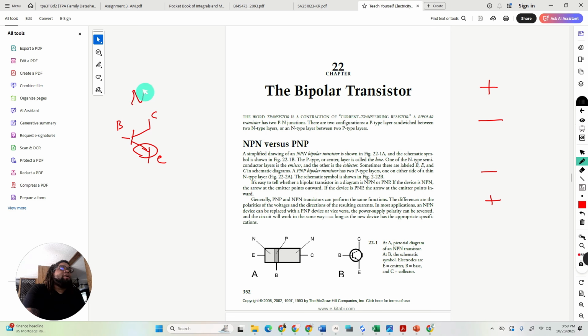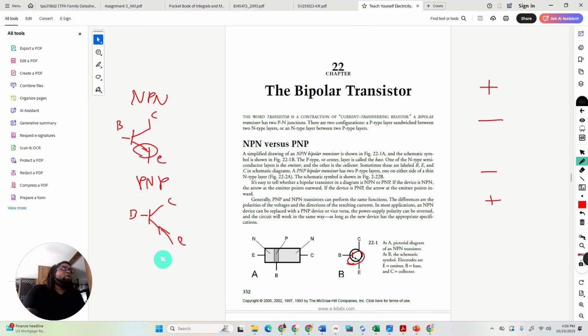This is going to be your NPN. Your PNP is going to be like this. You can see on the PNP transistor the arrow is pointing inward towards the emitter, and that's how we'll know on a schematic what the difference is. As you can see, here he's denoting a PNP or an NPN transistor, and you see the arrow there.